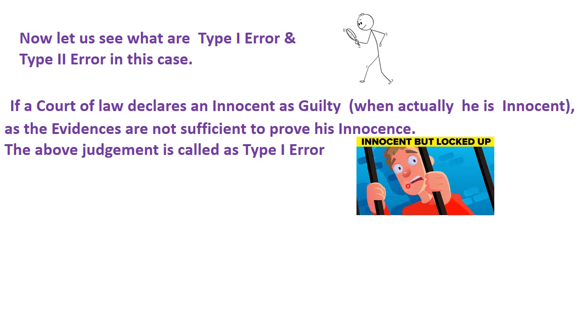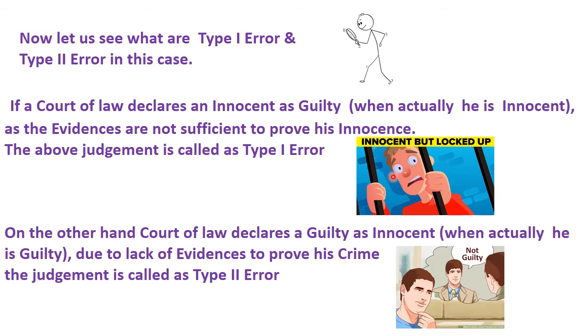Yeah, innocent but locked up. On the other hand, if a court of law declares a guilty as innocent when actually he is guilty, due to lack of evidences to prove his crime, the judgment is called a type 2 error. Hope all are getting a feel of it.